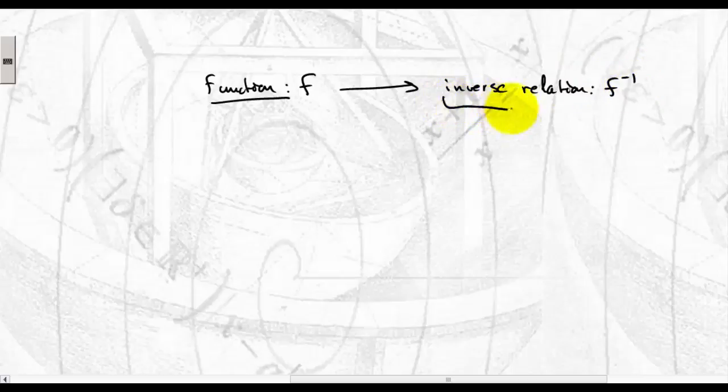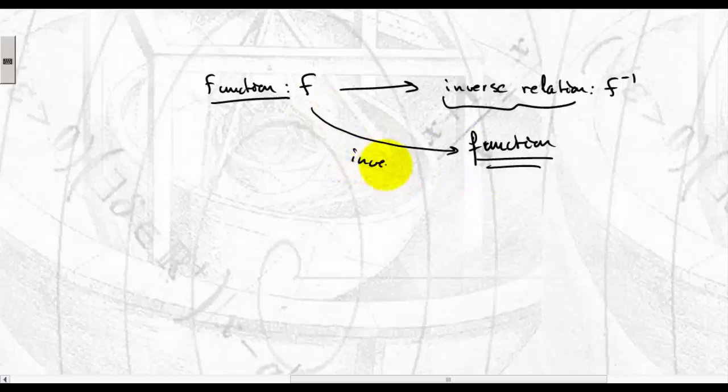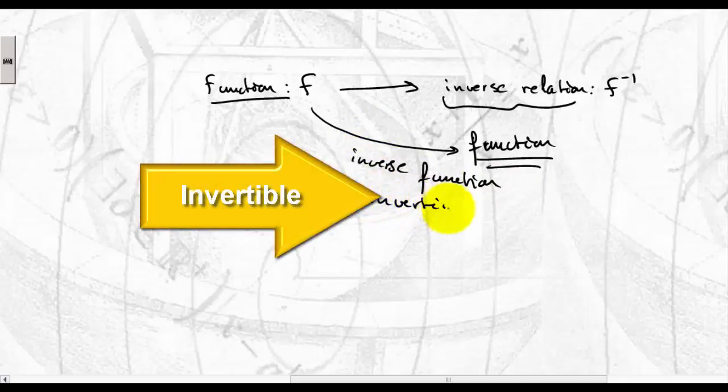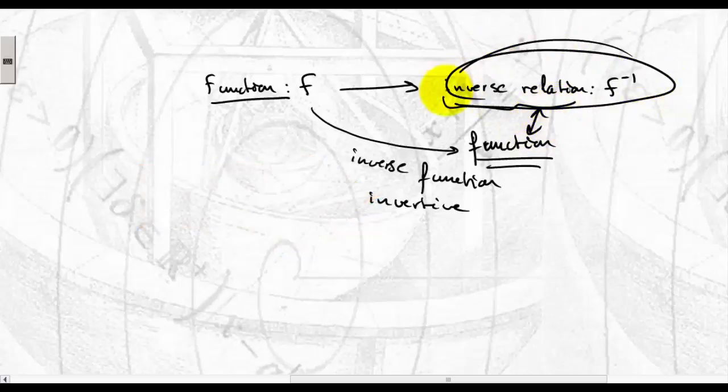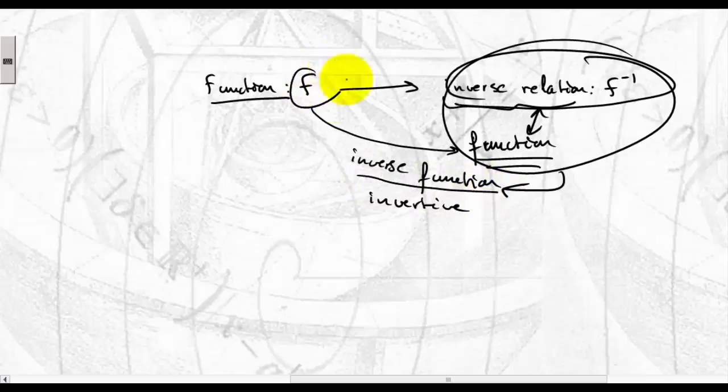If this inverse relation is also a function, then I will say that f has an inverse function, and I will say that f is invertible. So again, you need the inverse relation to be a function to call that the inverse function. If the inverse relation is a function, then this is called the inverse function of f, okay? And you say that f is invertible.